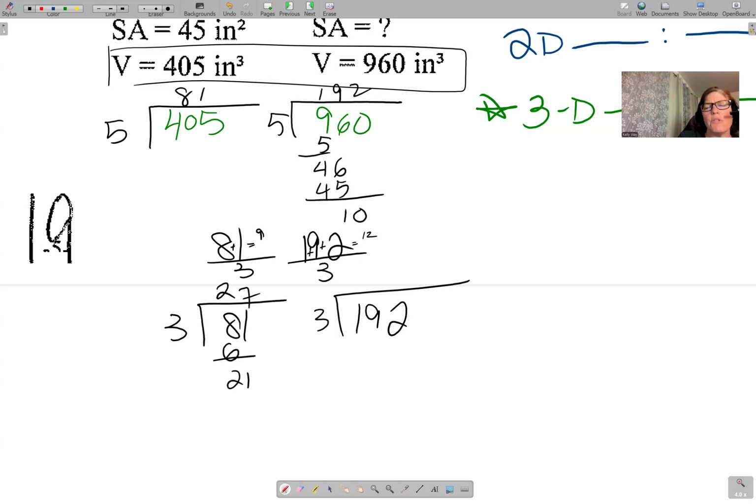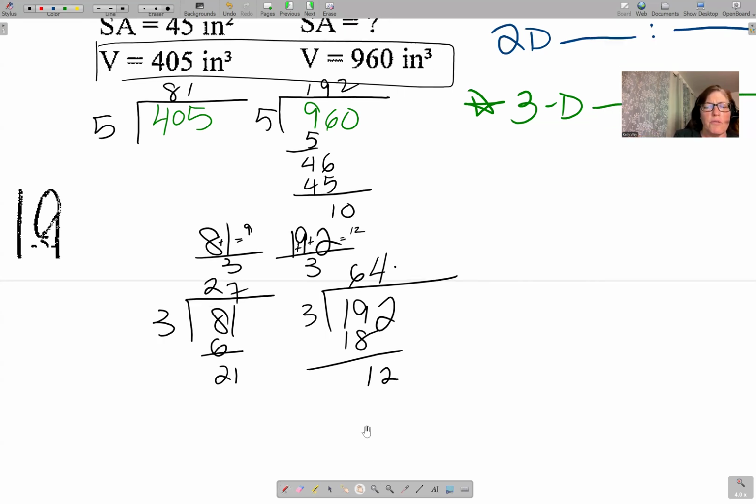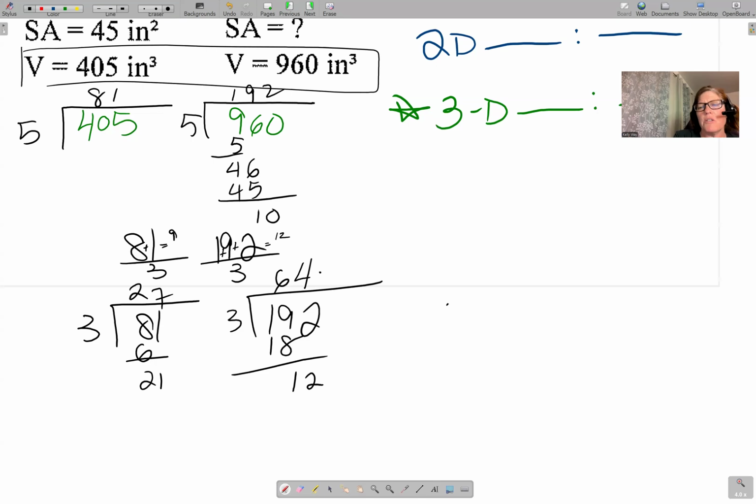I get 27. 3 goes into 19 six times. 64. So I have 27 to 64, and that's not divisible anymore by the same number.